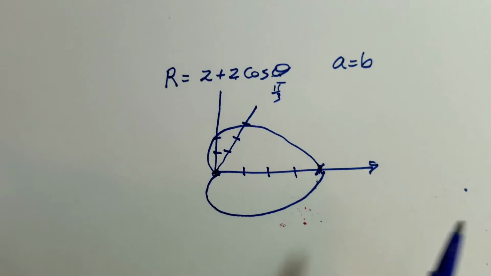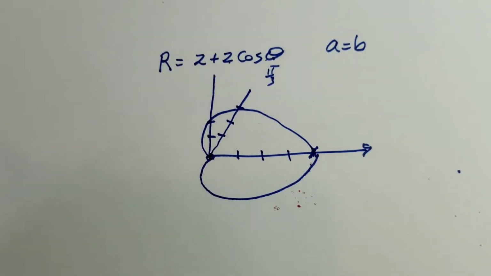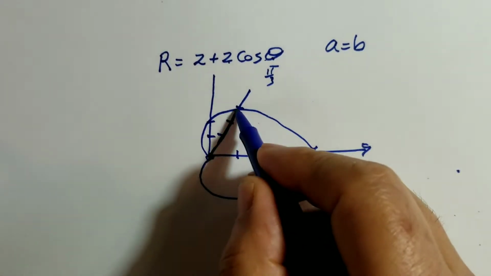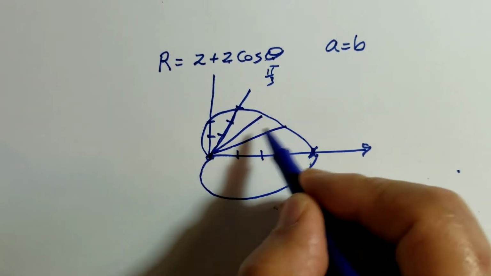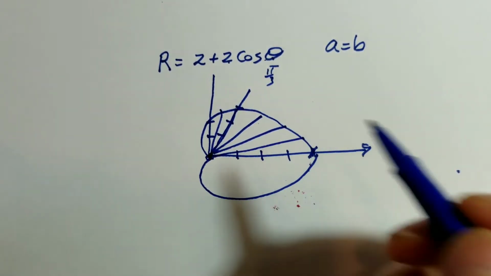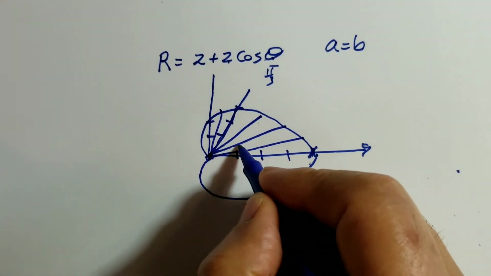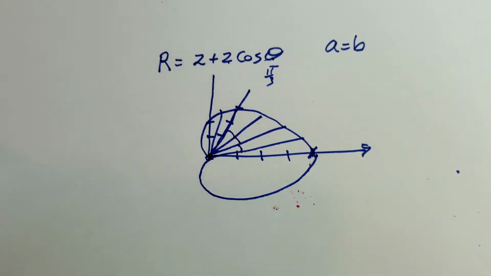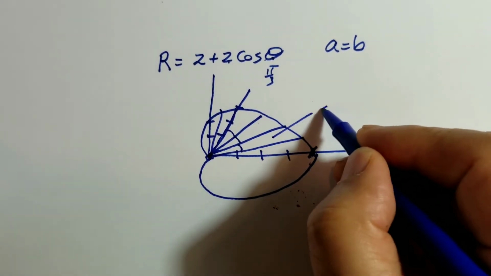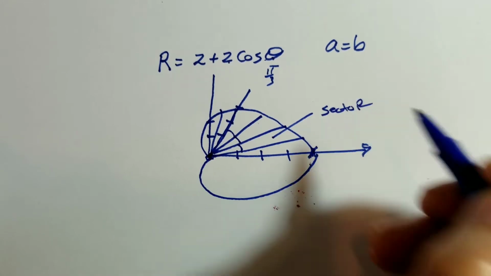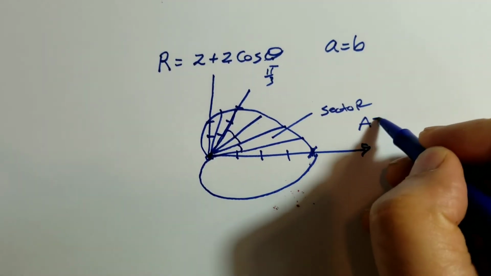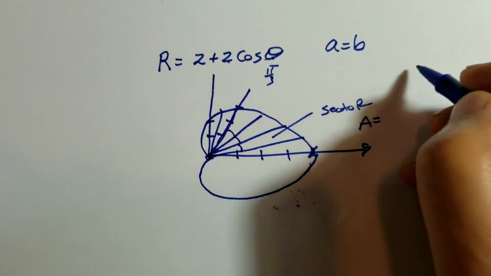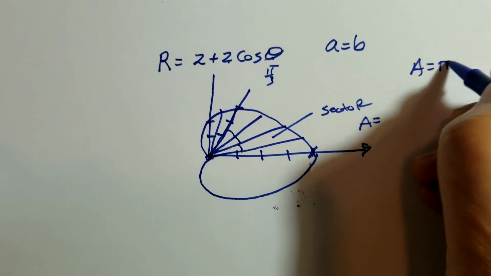And in calculus 2, they ask you to find the area. Remember in calculus 2 what you did, you divided this just like you cut a pizza into smaller pieces, and you call this one a sector. The area of a sector is the same as the area of a circle.